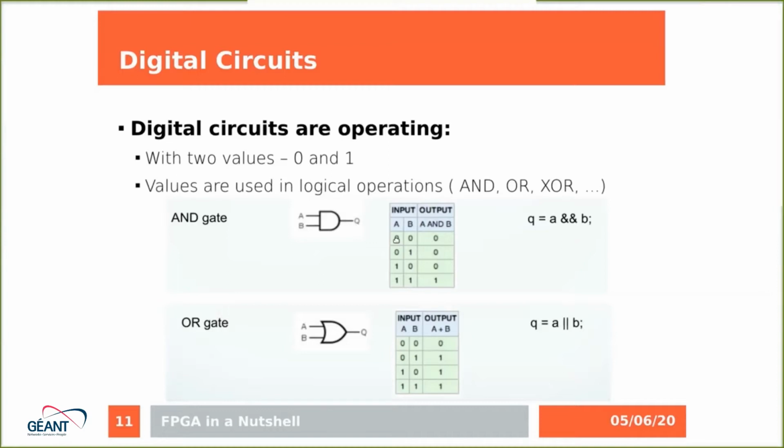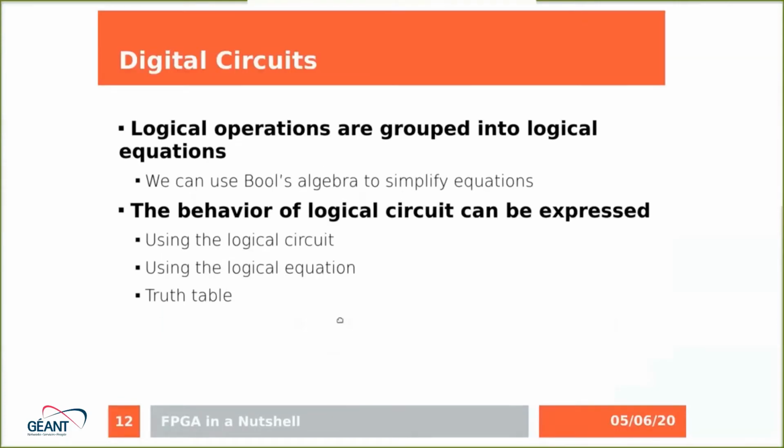And the third, or there is also the equivalent in the C language. So logical operations are then grouped into logical equations, where we can use Boole's algebra to simplify them.